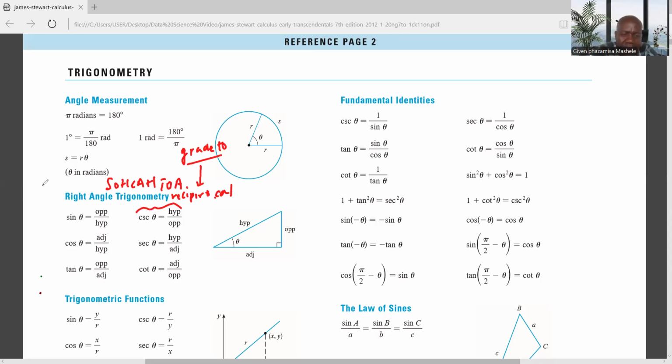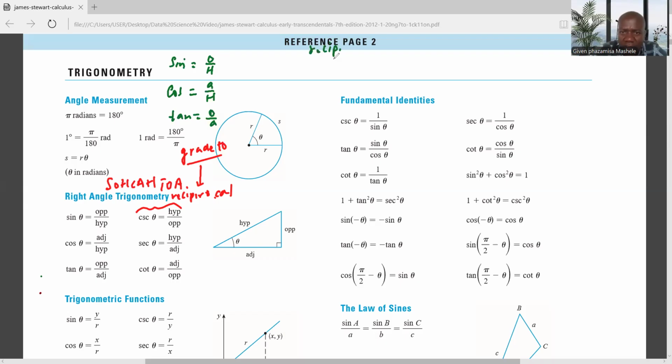Very important. Look at this. We know that sine, according to SOH CAH TOA, is opposite over hypotenuse. And cos is adjacent over hypotenuse. And tan is equal to opposite over adjacent, which brings us to the things called reciprocals.